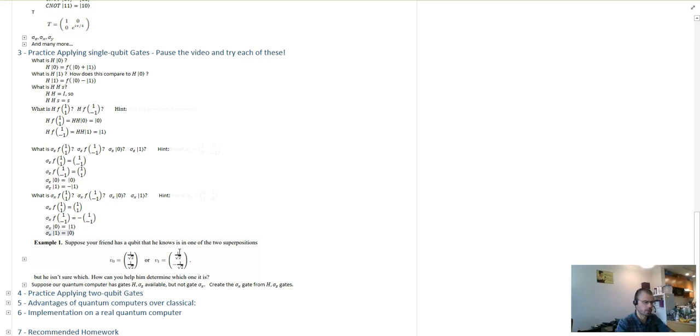So pause the screencast, try and figure it out. So the issue here is the probability of being spin up or spin down is equal for both of these, right? So if we just measure, is it spin up? 50% of the time this will be spin up, 50% of the time this one will be spin up. Same with spin down. So we can't just measure the z spin to get the answer.